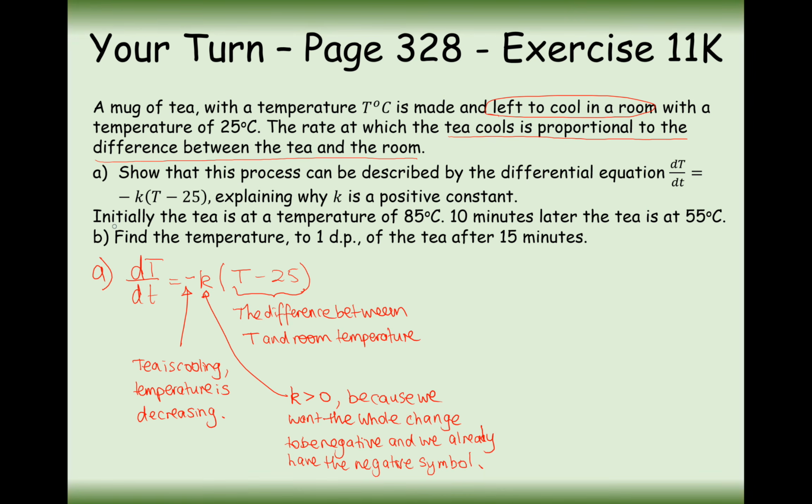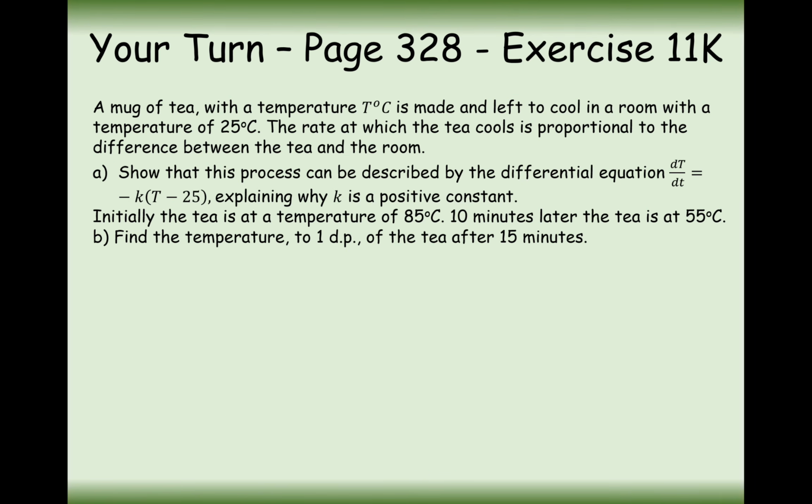Part B is to now find the temperature. So we're going to have to solve this differential equation, I imagine, at some point. So initially the T is at temperature 85 degrees Celsius. 10 minutes later the T is at 55 degrees Celsius. Find the temperature to 1 decimal place of the T after 15 minutes.